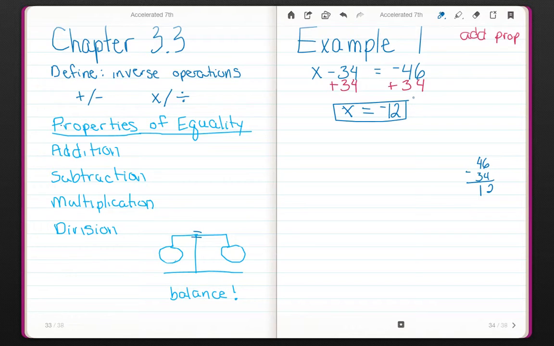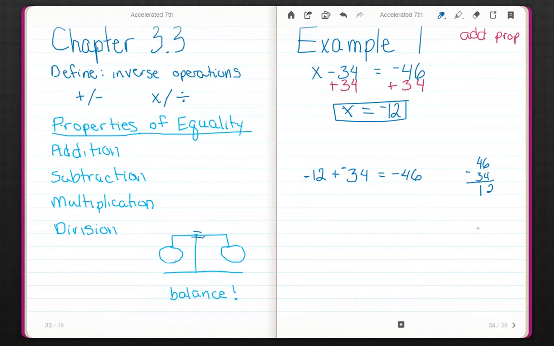Now, can I check to see if that's correct? Sure, let's plug in negative 12 for x and see what happens. Negative 12 minus 34 equals negative 46. Well, we all know that we can add the opposite.